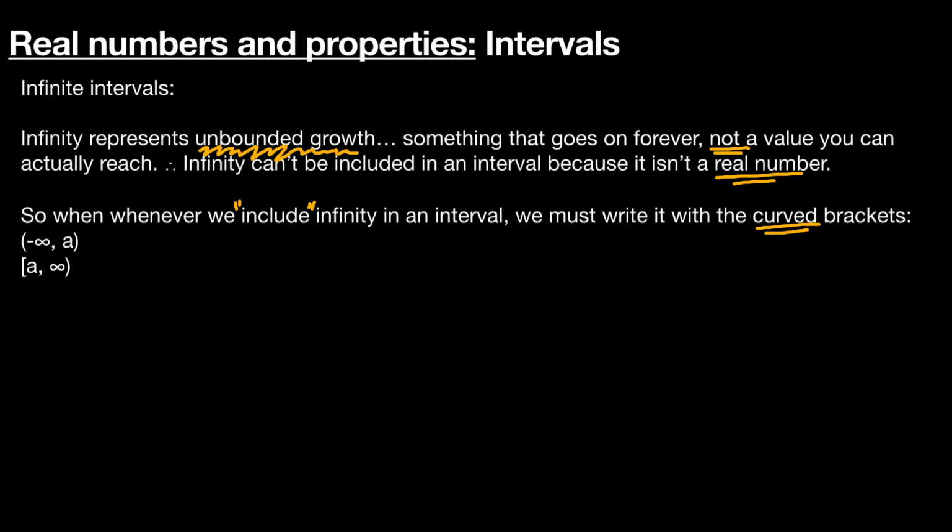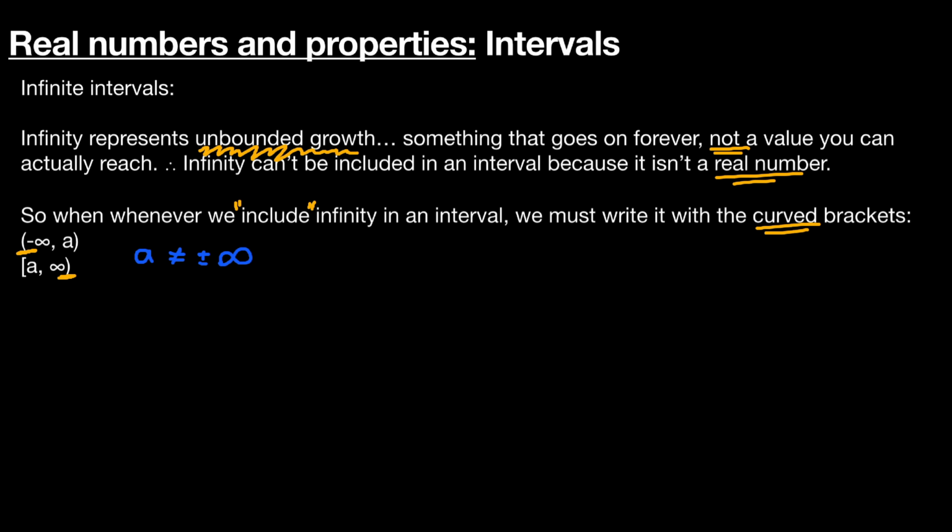So over here, on the negative side, we have a curved bracket because we're going towards negative infinity, but we're not reaching it. And on the positive side, we also have a curved bracket because we're going towards positive infinity, but we're not reaching it. And over here, we're saying that a is not equal to either plus or minus infinity.